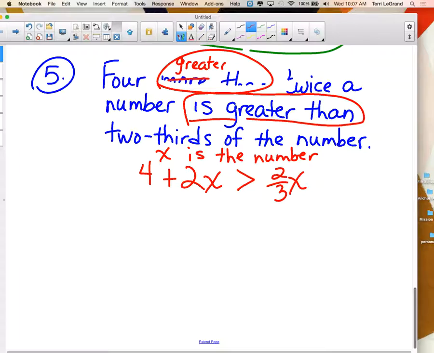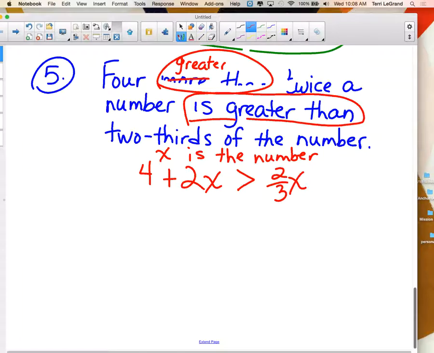I'm going to suggest a really good first move would be to get rid of that fraction. You could just be like, oh, I'm so glad that fraction's gone, times 3 over 2. I don't even want to do that, because then I'm just going to create some more fractions, possibly. Times 3. Couldn't we just multiply every piece times that denominator? Yeah, let's do that.